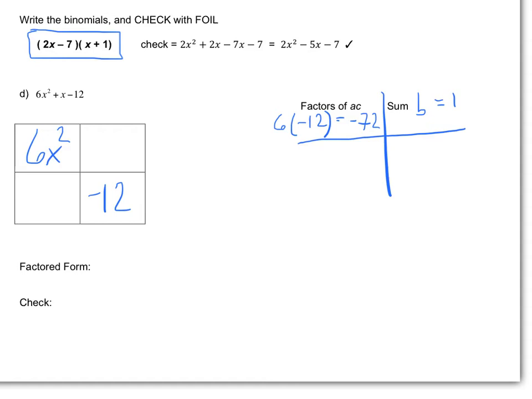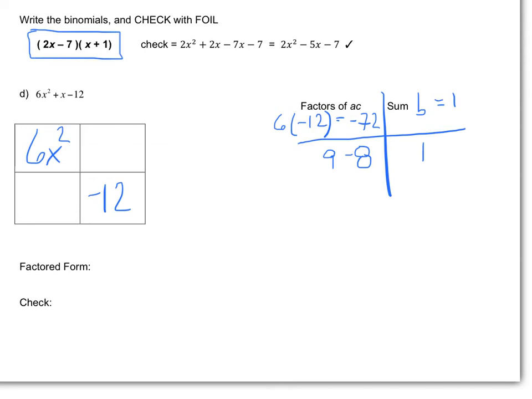What's another one? 4 and 18? That's a long ways away. But remember, the 9 and the 8 make 72. Now, because I want to add them together to get a positive 1, I want the 8 to be a negative, so that when I add them, there's my 1.